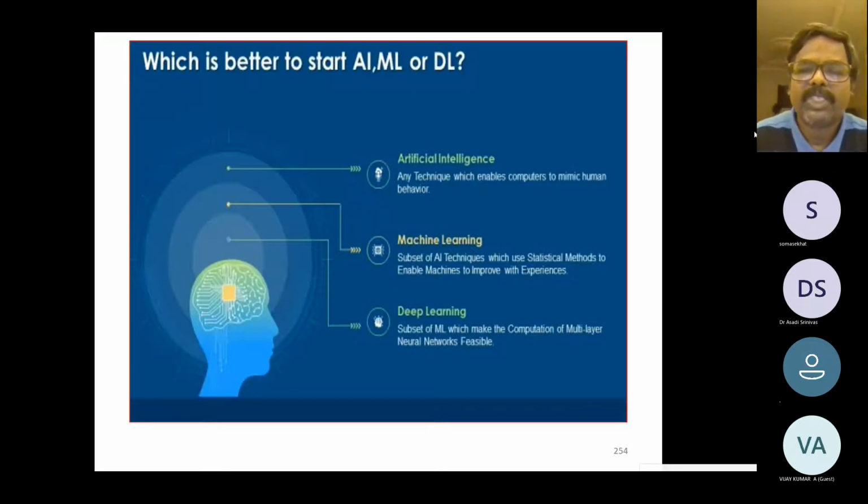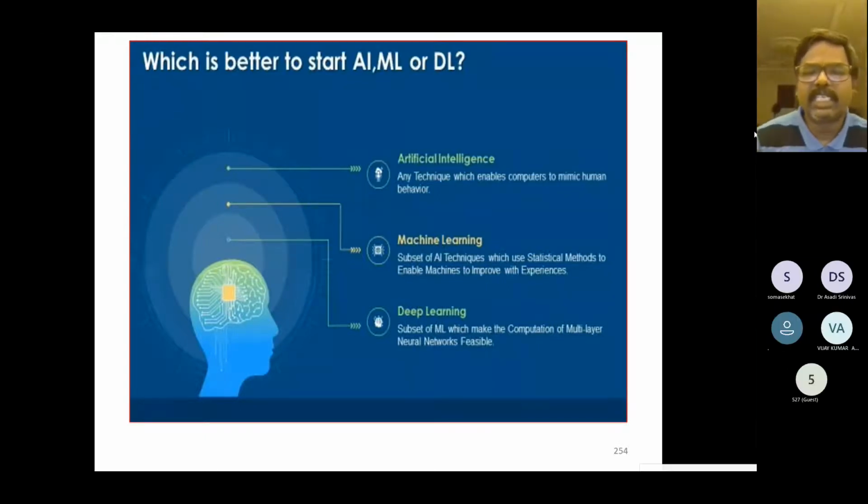So machine learning is a part of artificial intelligence. Deep learning is a sub part of artificial intelligence. Okay. And artificial intelligence is nothing but intelligent behavior in a machine, the science and engineering of making intelligent machines.